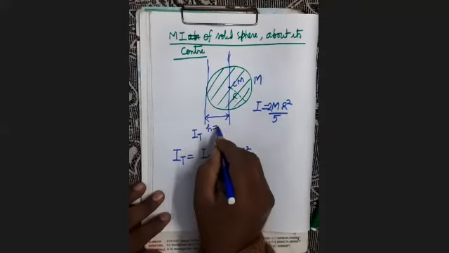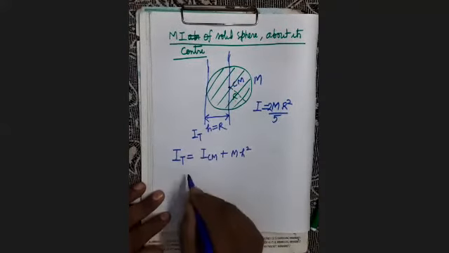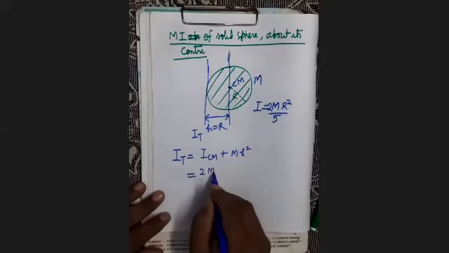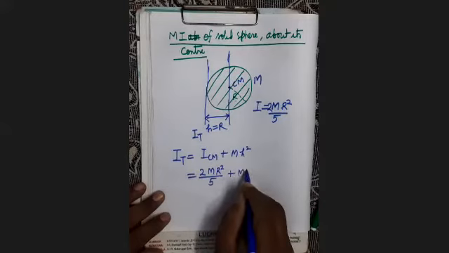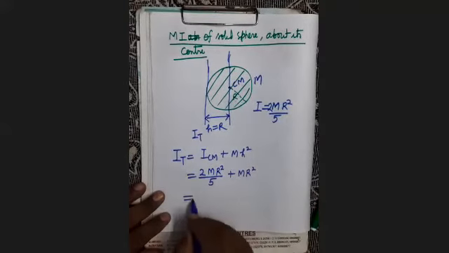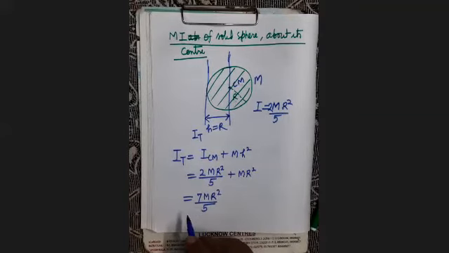H will be equal to R. So you write here 2MR square upon 5 plus M into R square. So on simplifying, it will be 7MR square upon 5. So this is the MI of the solid sphere. Then some other formulae are also given. You can see in your book.